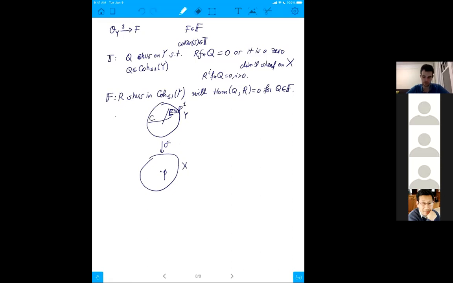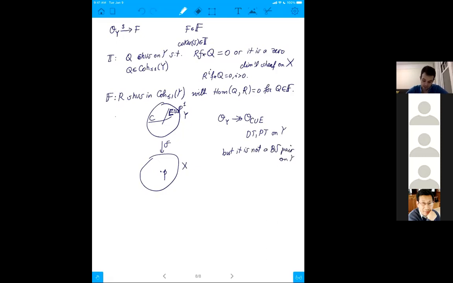Let's say we have a smooth curve C that intersects E. Then this complex O_Y surjects onto O_{C union E}. This is both a DT and a PT pair on Y, but it is not a BS pair on Y.